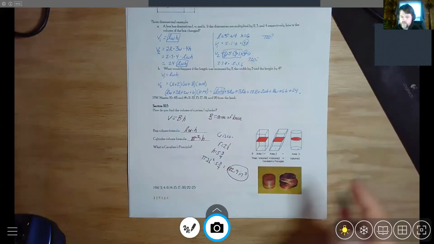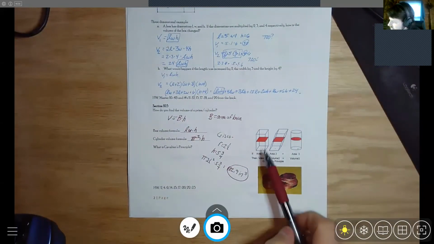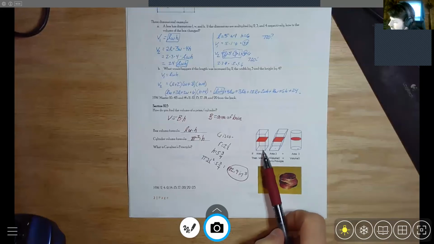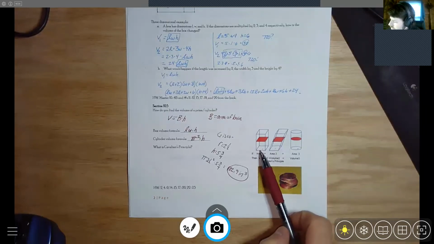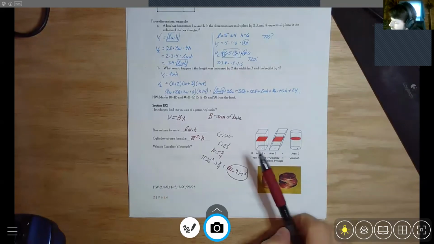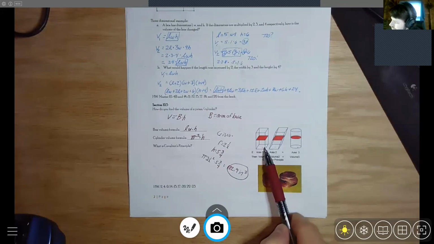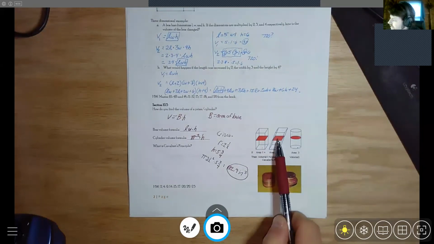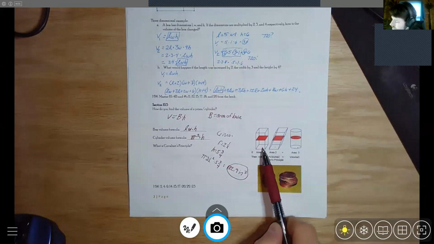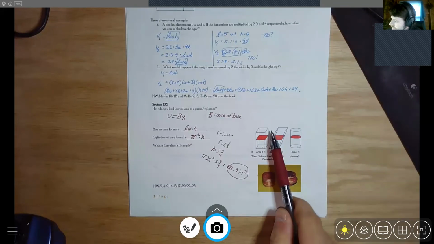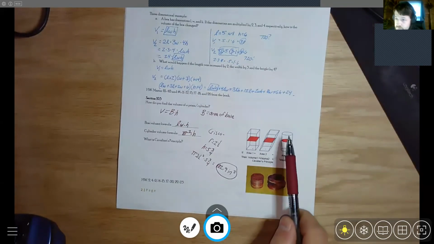Looking at Cavalieri's principle, we showed that if you have different three-dimensional objects where the base and every cross-sectional area have the same area, and the prisms have the same height, then they have the same volume.